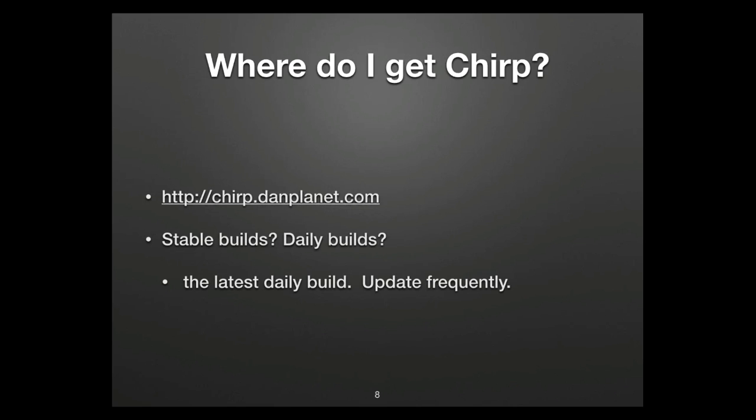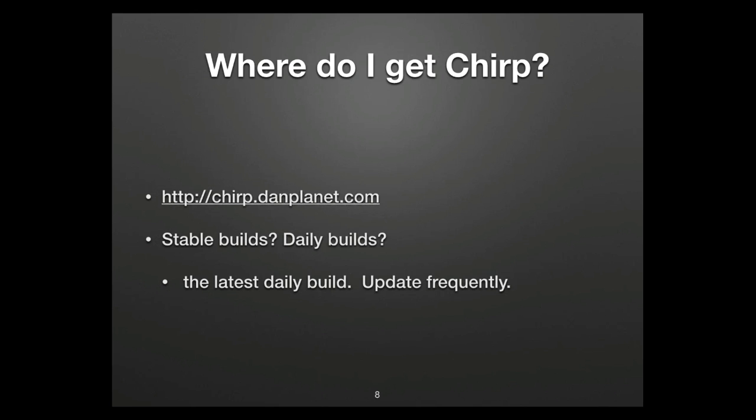So how do you get CHIRP, or how do I find what is currently supported? Well, you would go to chirp.danplanet.com, and that's where you would get CHIRP. That's where you would find out which computers are supported, which radios are supported and things like that. There used to be, and there are still some notes about, things called stable builds versus daily builds.